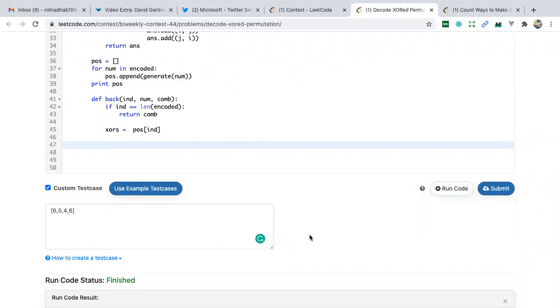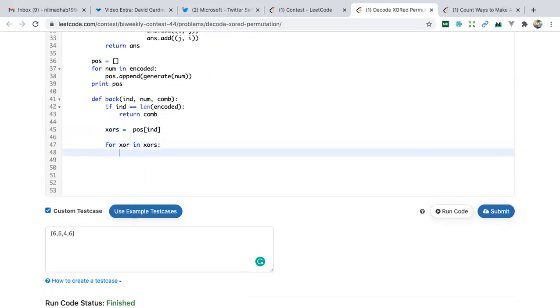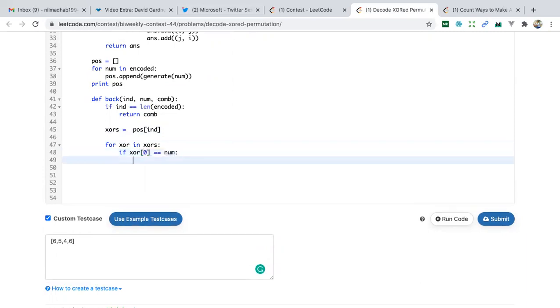Okay, so now let's try XOR. If XOR 0 equal to number, then we try the next index. Then we try backtrack index plus 1, and the number will be XOR 1, right?